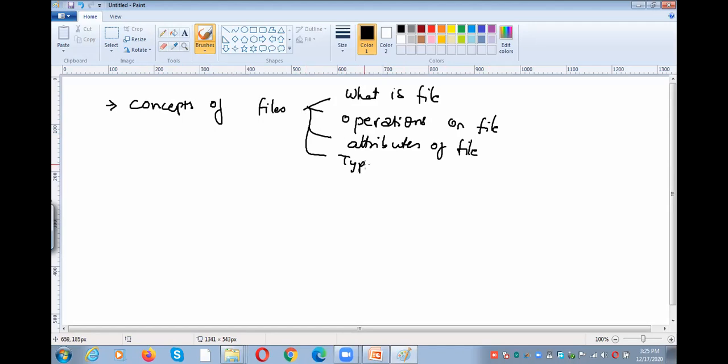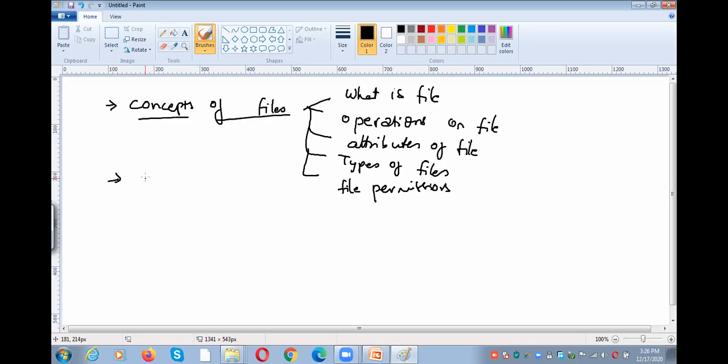And then types of files. And then file permissions. That is under concepts of files.